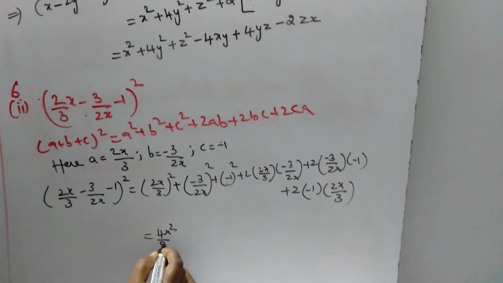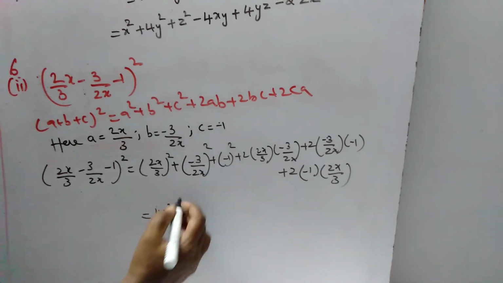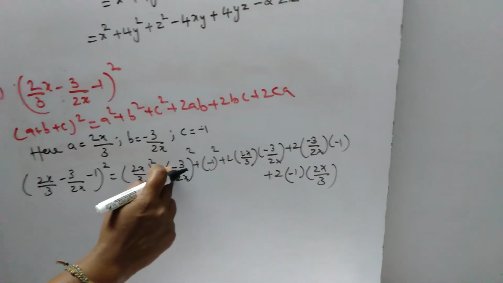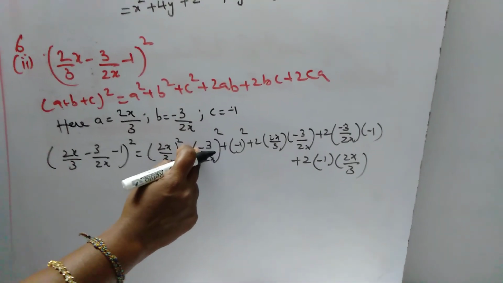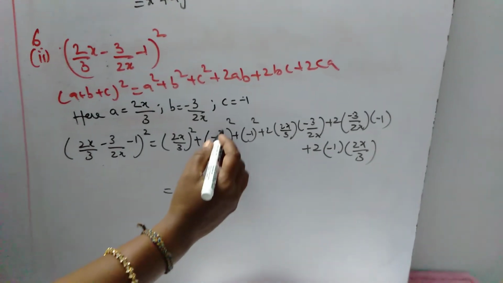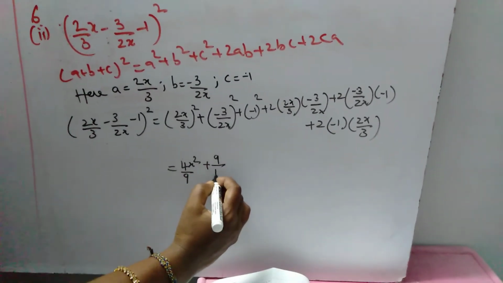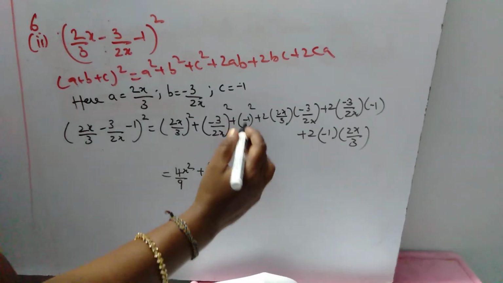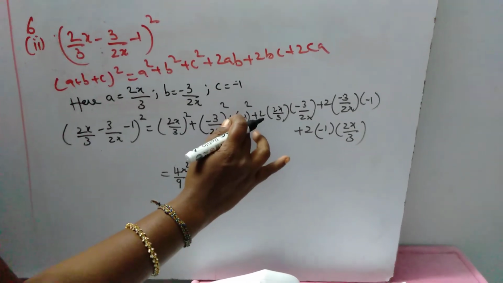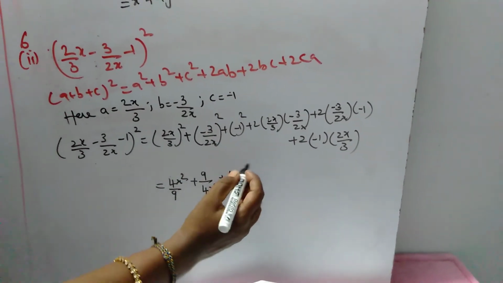4x square by 9, that is 4 by 9 x square. Here plus, so here it is negative, but if we square it, it will become plus. So which is equal to 9 by 4 x square, and this also becomes minus, if we square that one it will become plus.